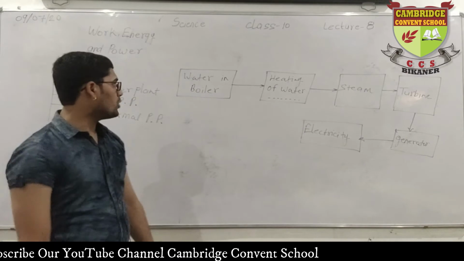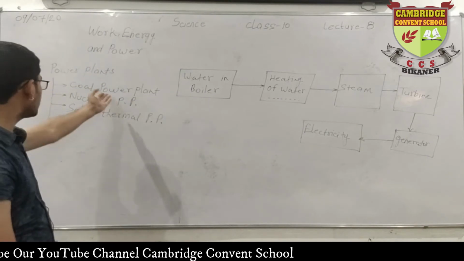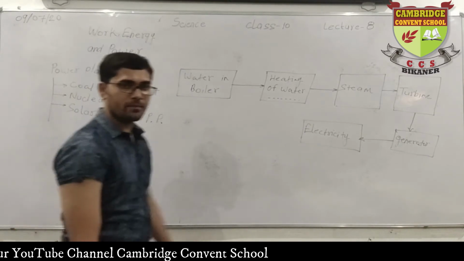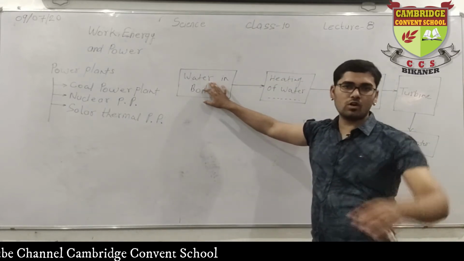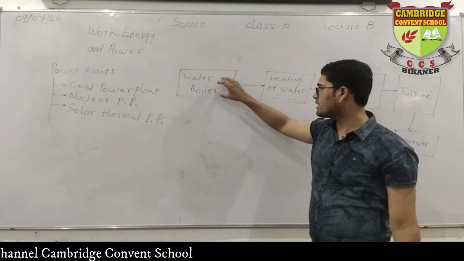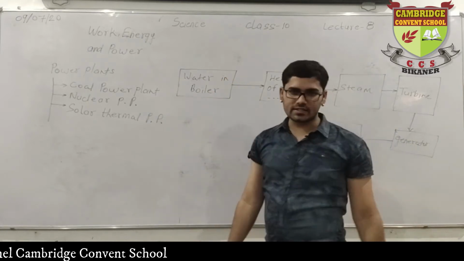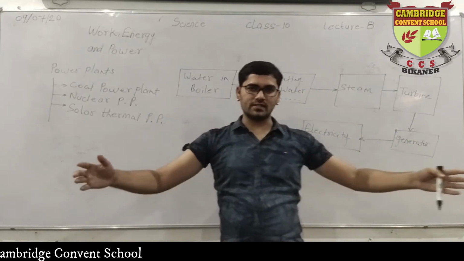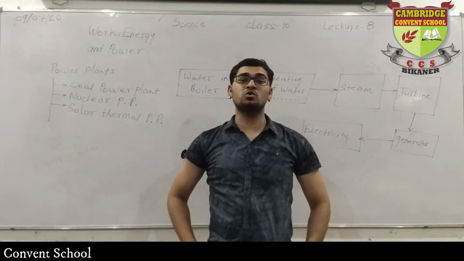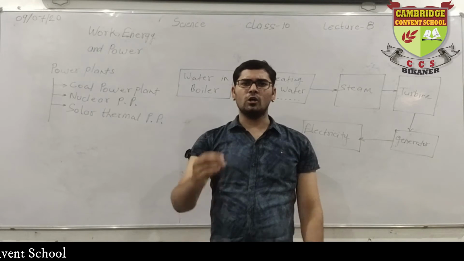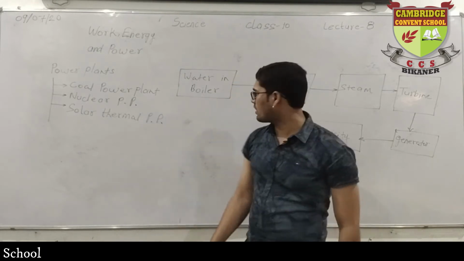So what happens first? Let me first introduce you to the coal power plant. There is a huge amount of water put inside the boiler. What is a boiler? A boiler is basically a very huge structure, or I can say a very huge tank, in which lots of water is put.